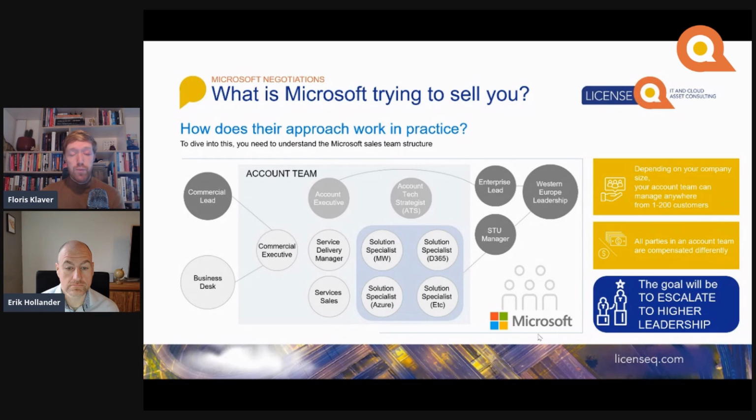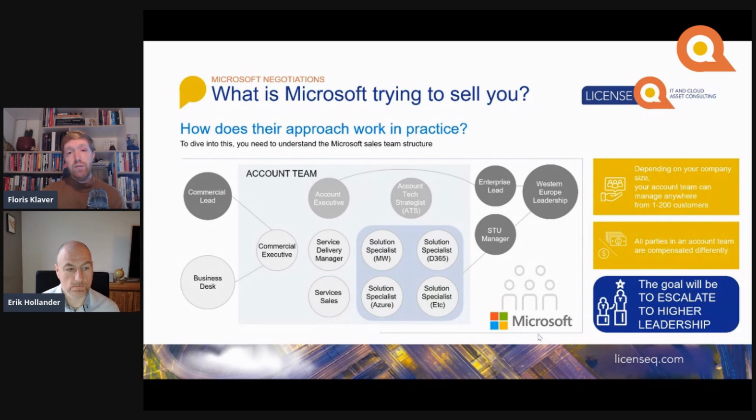Everyone obviously reports into different aspects of the company. So a commercial executive has a commercial lead, which is basically the one overseeing all the commercial deals that are being done on a department level.